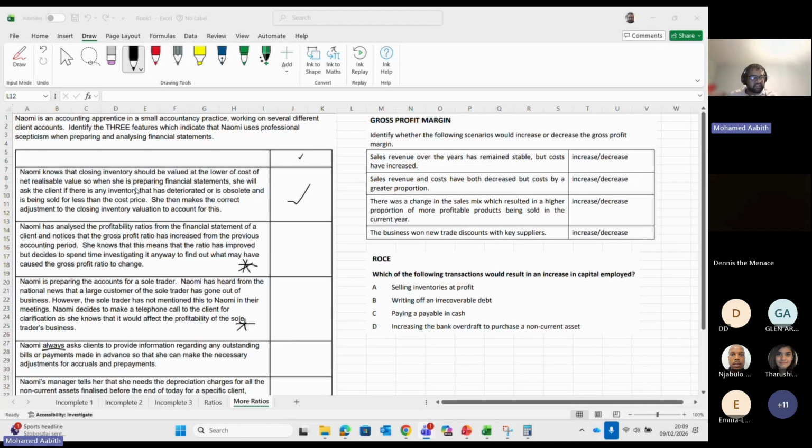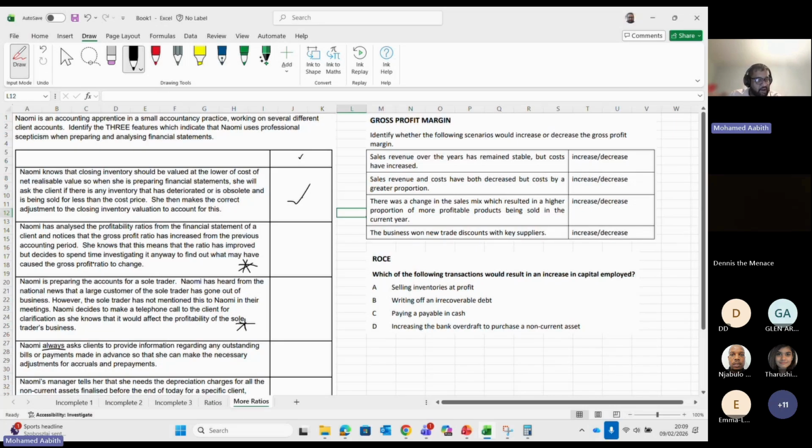So in this scenario, it's not because she's skeptical, because this is a fact. It is automatic that we make the correct adjustment to the closing inventory. She's not making any skeptical comment there. She's just making sure she's done the right thing.